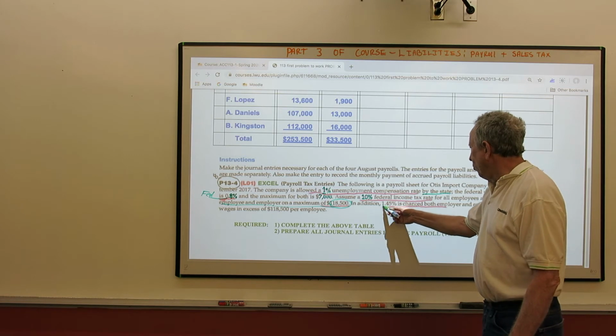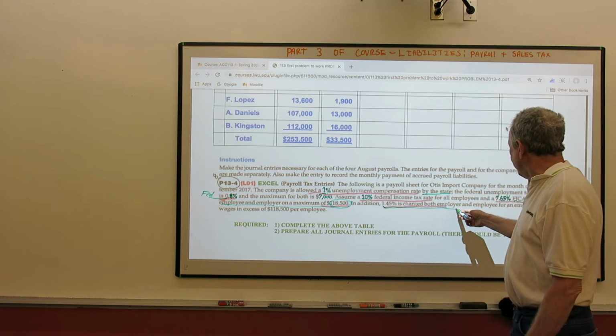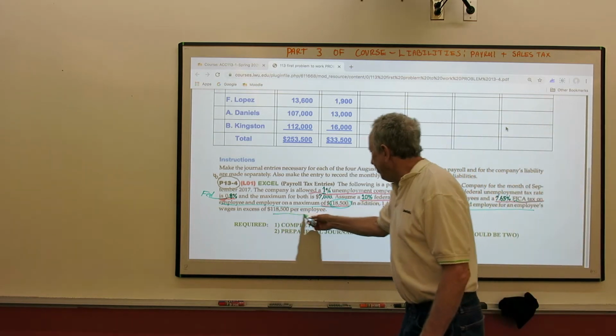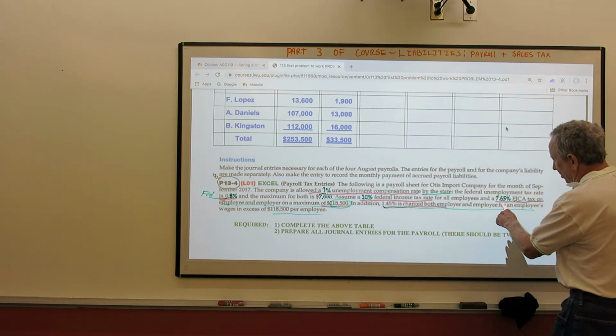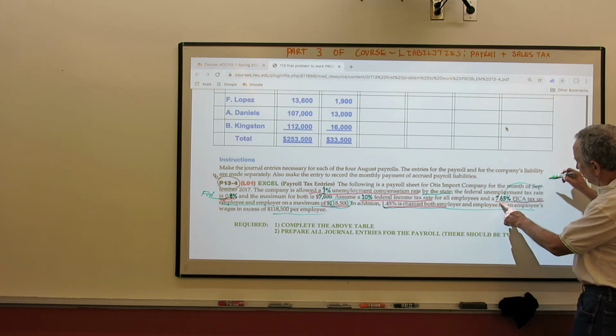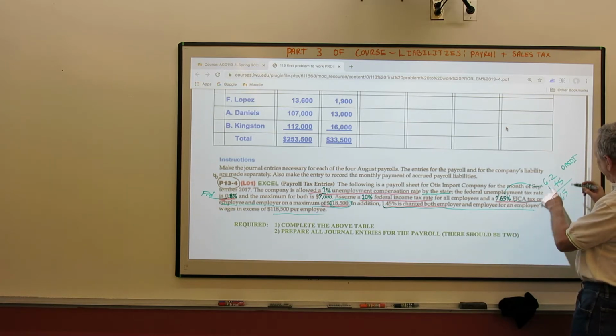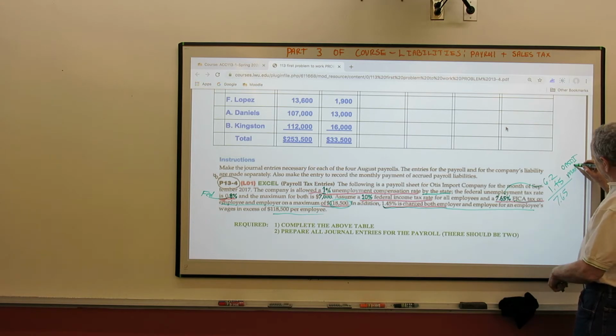In addition, a 1.45% charge to both employer and employee for employees' wages. Of the 7.65, remember that it consists of two things: 6.2% is your retirement, the OASDI, and then 1.45%, which makes that 7.65, is made up of Medicare.